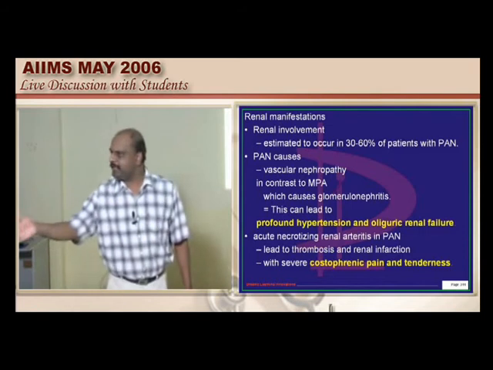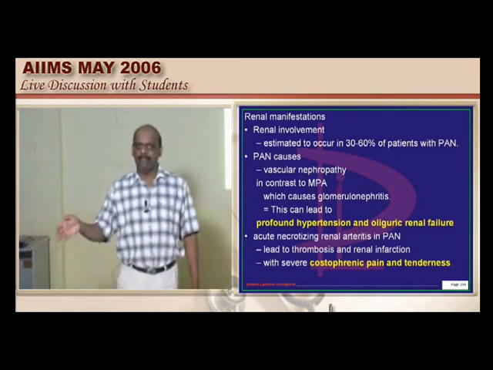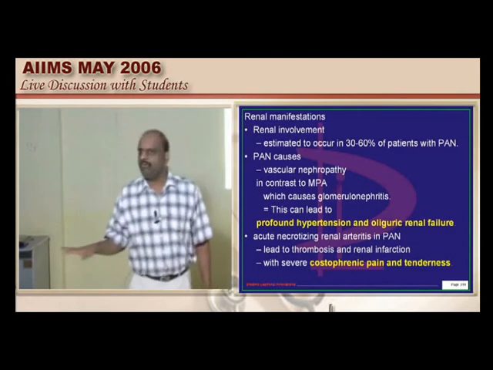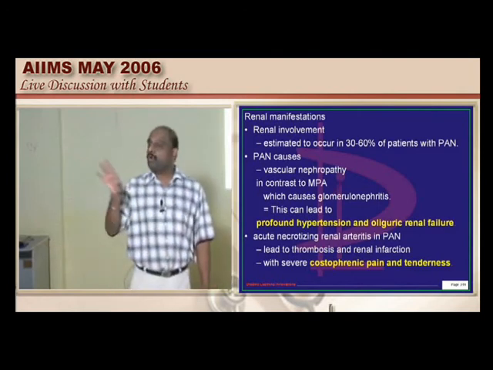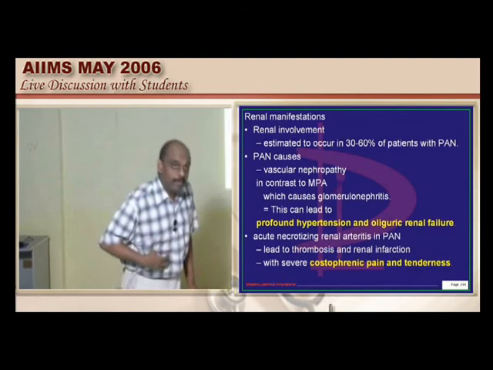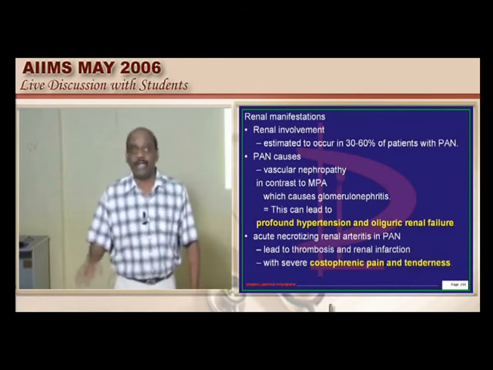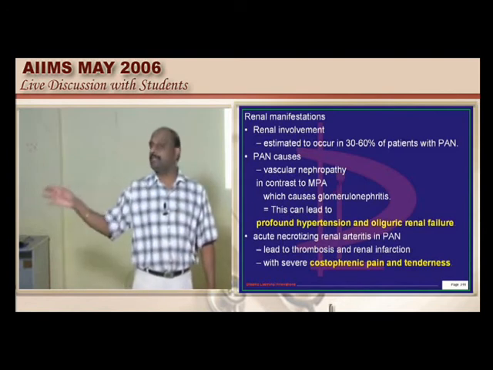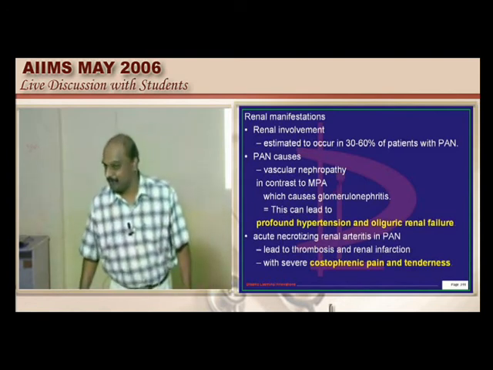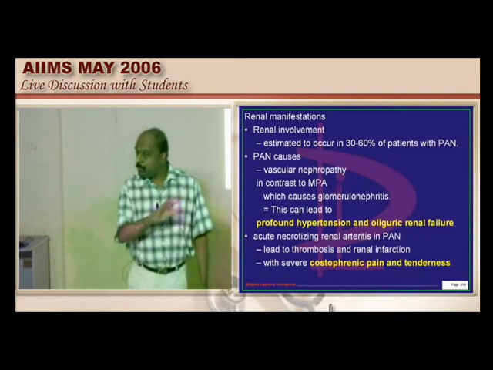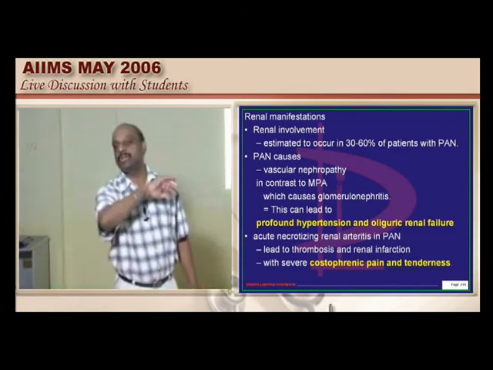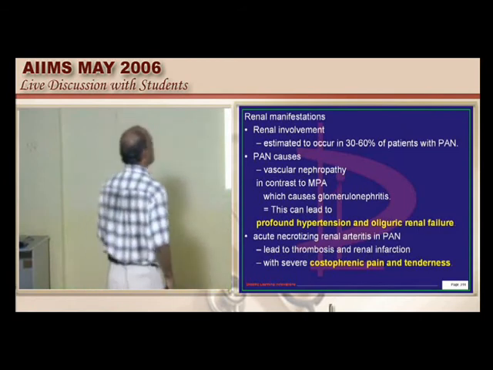In one of the recent entrance discussions we had, it was one of the examiner's favorite questions. Both involve the kidney, but microscopic polyangiitis leads to glomerulonephritis. That is the reason hematuria, hypertension and smoky urine will be seen in microscopic polyangiitis. But you don't find such a glomerulonephritic picture in the renal involvement of polyarteritis nodosa, which you have to clearly understand.